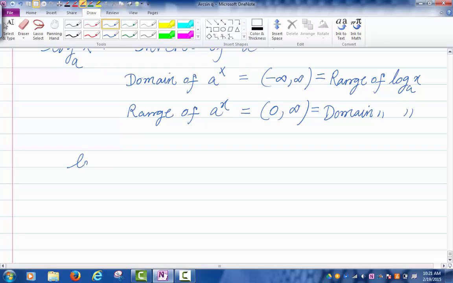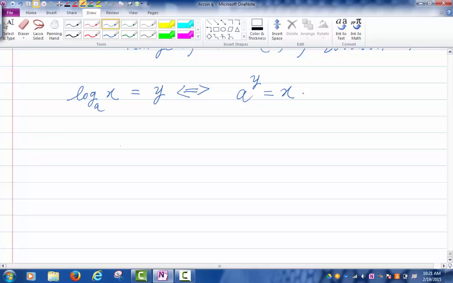And what are the cancellation properties? Remember, whenever you have a pair of inverses, there are two cancellation properties. What are they? If you take the composition of the two functions, you're going to get the identity function, right? So what is log base a of a to the x?